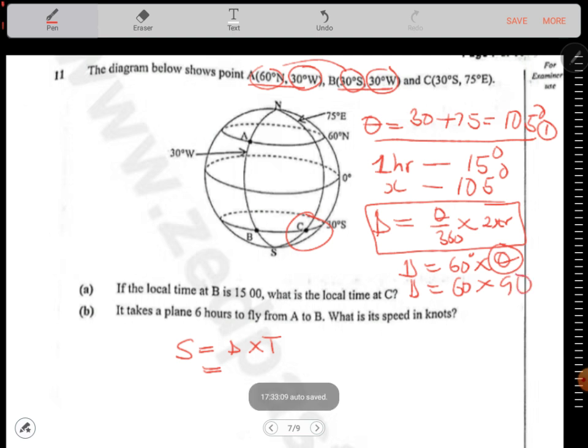That will be times 90. So just 60 times 90 to give you 5,400 as distance.